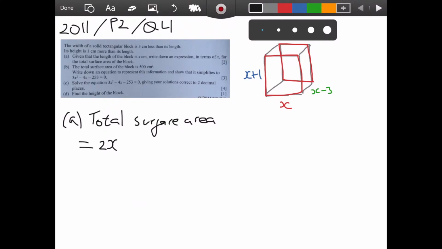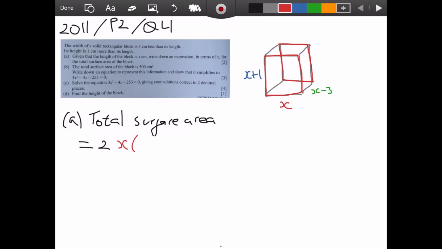So it's 2 multiplied by x multiplied by x plus 1. Let me just use red color, it'll be easier to see. So this is 2 multiplied by x multiplied by x plus 1, right?